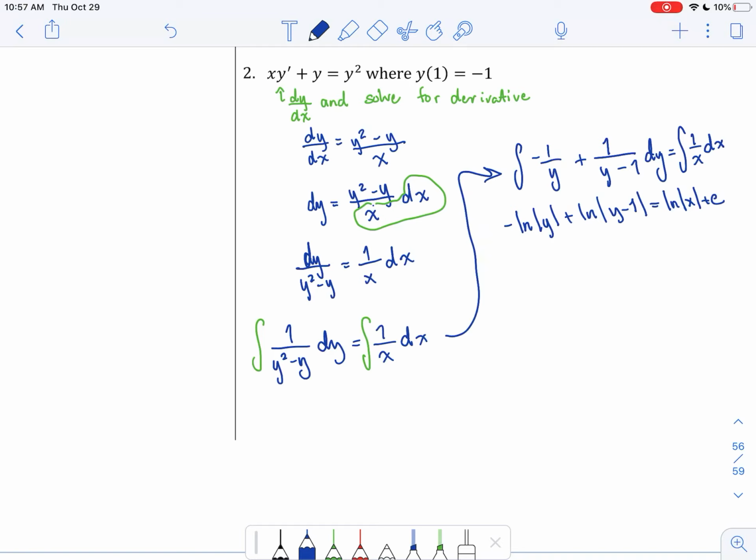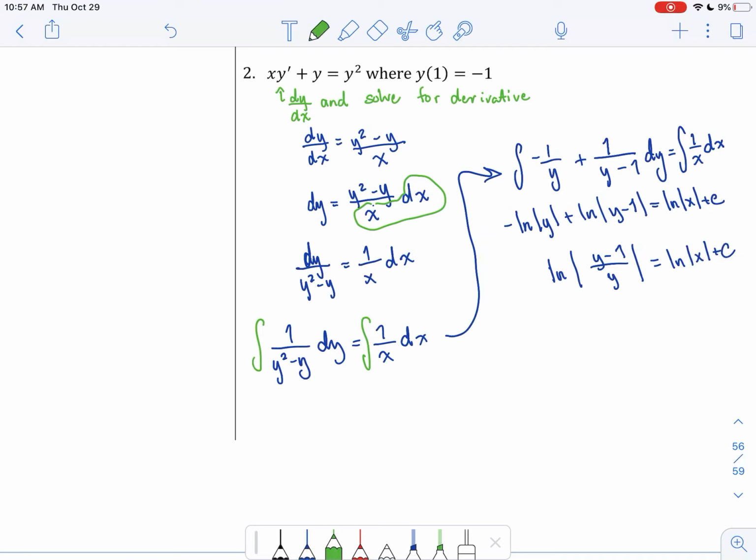We can simplify this. I'm going to start by saying that on this side we have natural log of y minus 1 over y, because subtracting a log turns into division, and we can just write the right side as ln of x plus c.